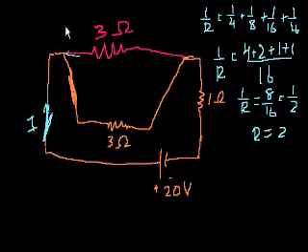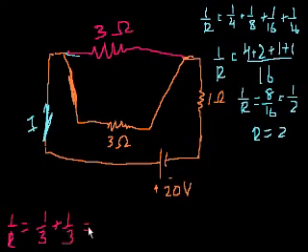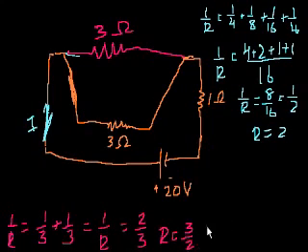So what do these 2 resistors simplify to? Well, 1 over their combined resistance is equal to 1 over 3 plus 1 over 3. It equals what? 2 over 3. 1 over R is equal to 2 over 3. So R is equal to 3/2, or I don't know, we could say 1.5.